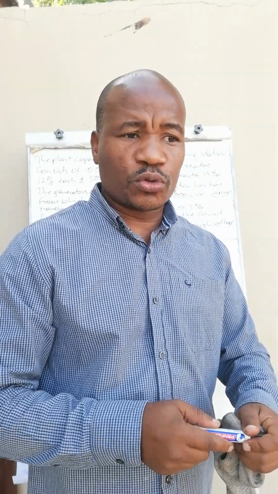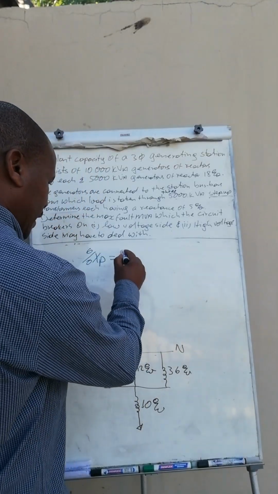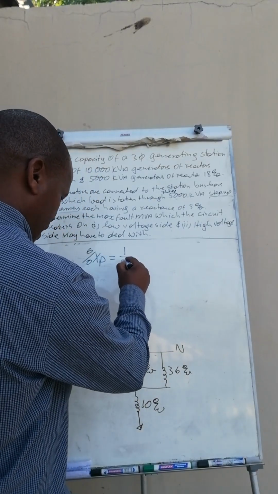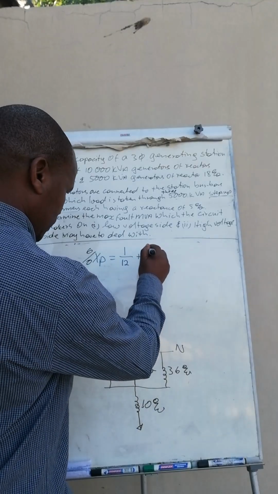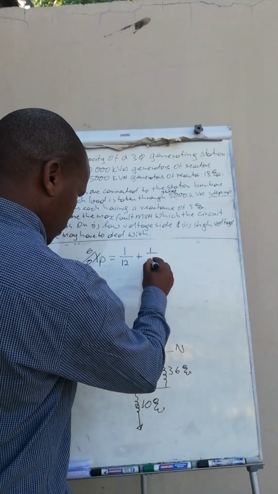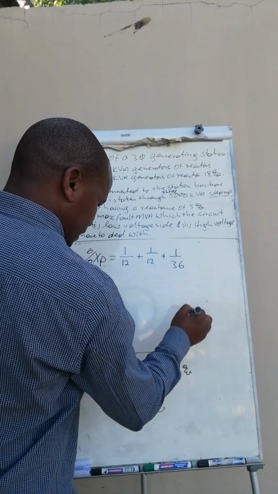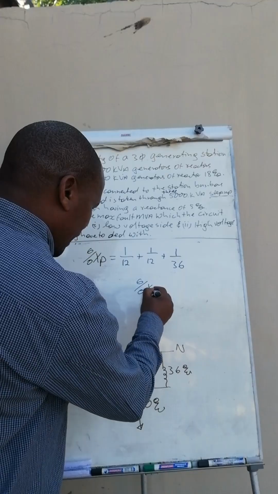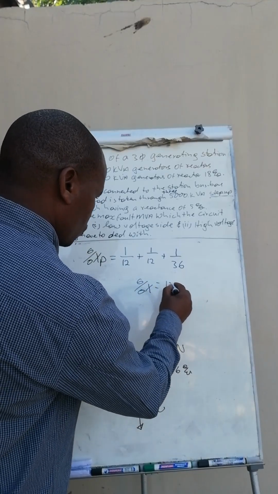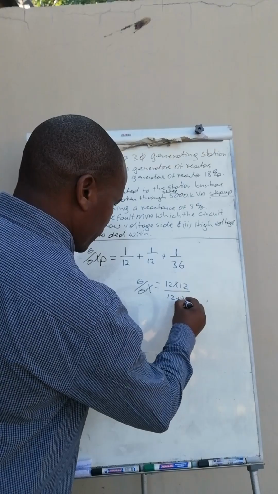From primary school, you used to say the resistance of the parallel branch is 1 over 12, plus 1 over 12, plus 1 over 36.